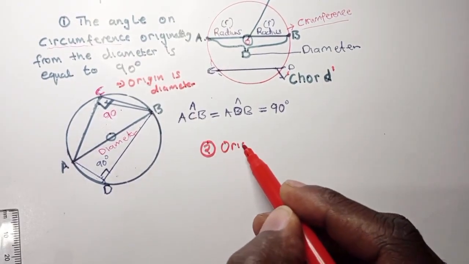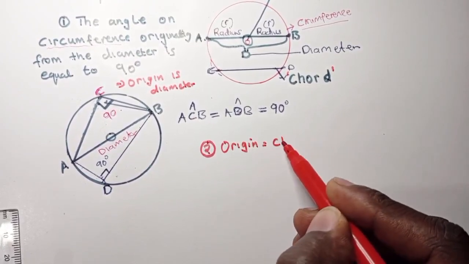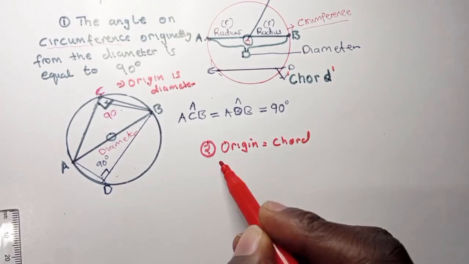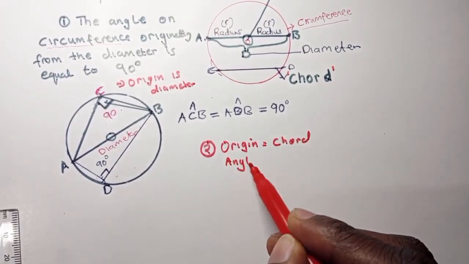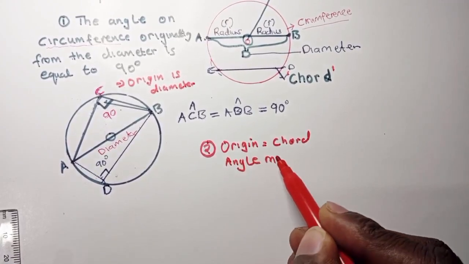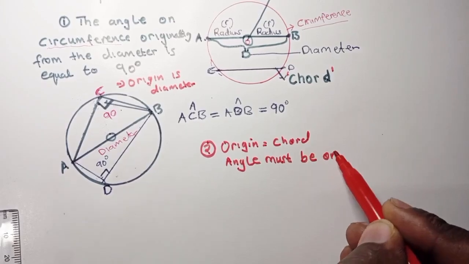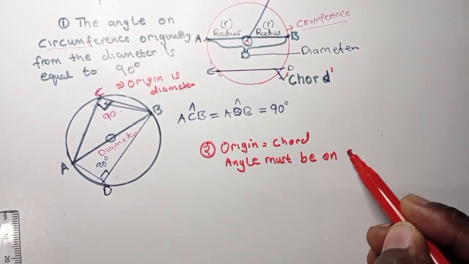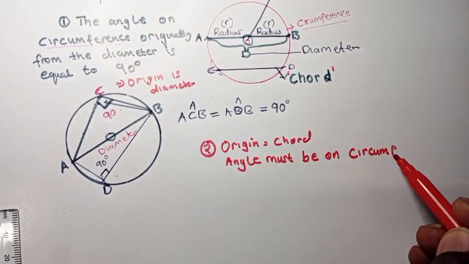Now here, the origin is the chord. Again, the angle must be on the circumference.